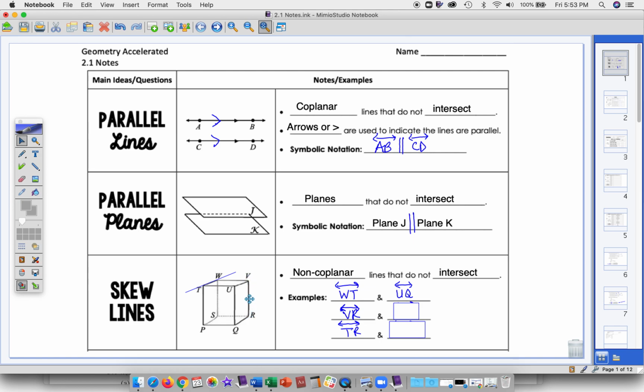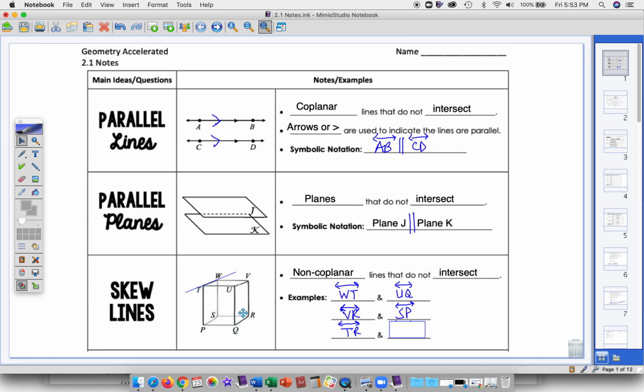Okay, the next one I chose was line VR. And I went with line SP. They would not intersect, and they're in different planes. I also went with TR. So keep in mind, you don't have to go with just the segments in your drawing that are drawn in.